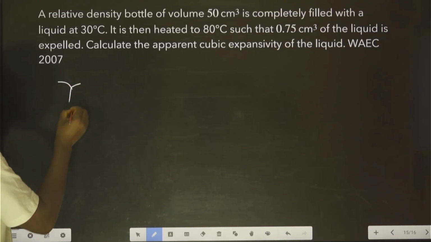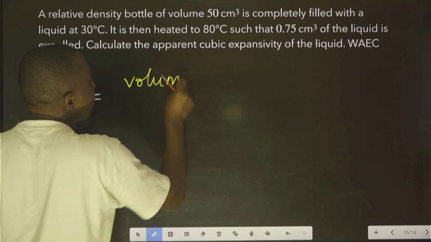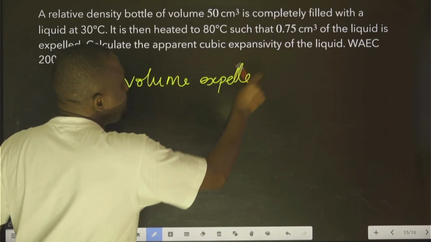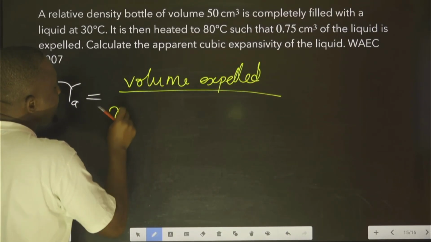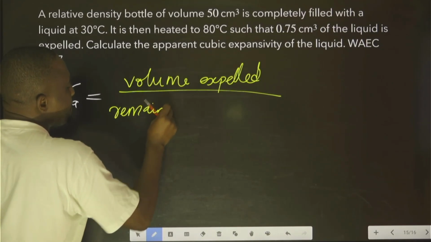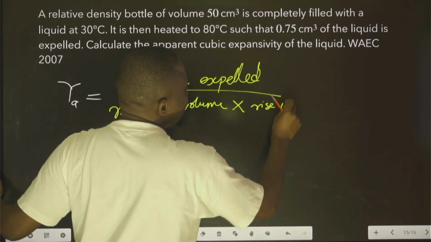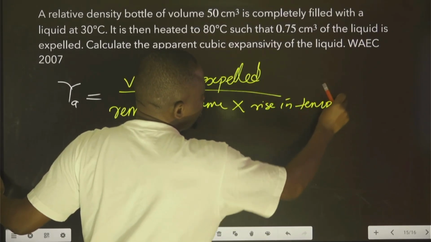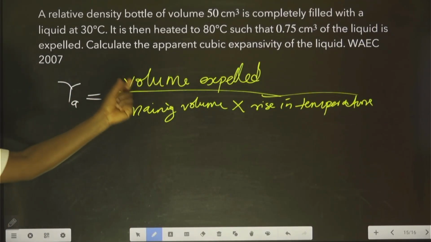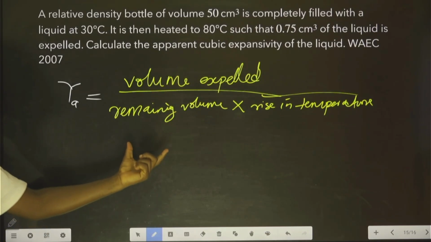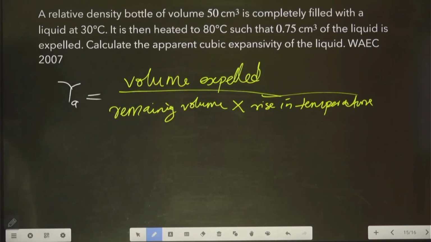The apparent cubic expansivity, it is the volume of liquid expelled over the remaining volume of liquid multiplied by rise in temperature. Okay? That is the volume of liquid expelled over the volume of liquid remaining multiplied by rise in temperature.